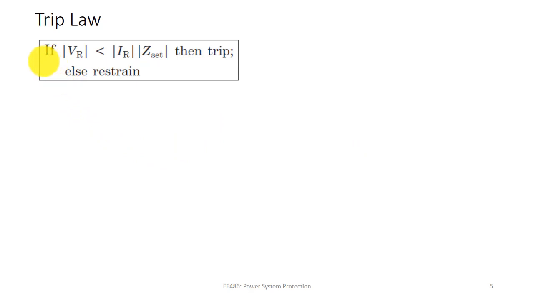Your trip law will be: if VR, the voltage seen by the relay, is less than IR Z set, where IR is the current seen by the relay and Z set is the setting of the relay, then it trips. Or else it will restrain.